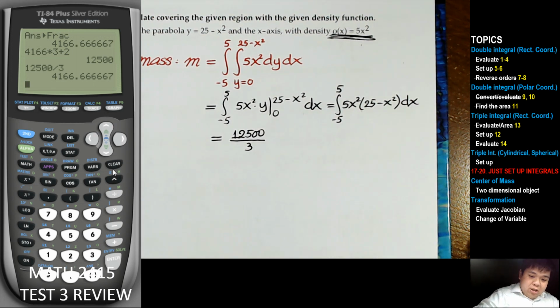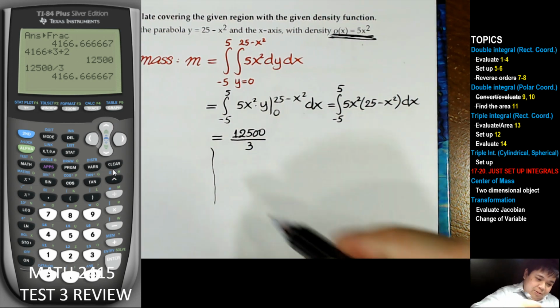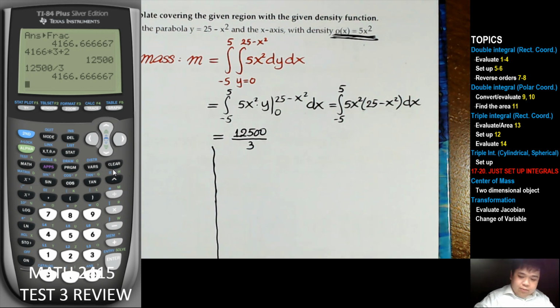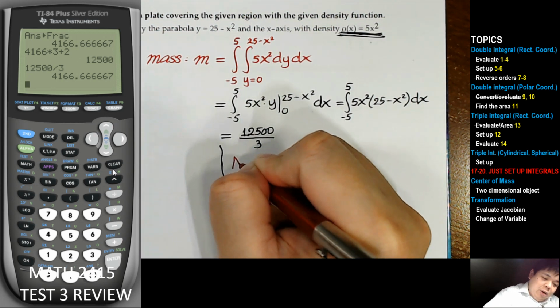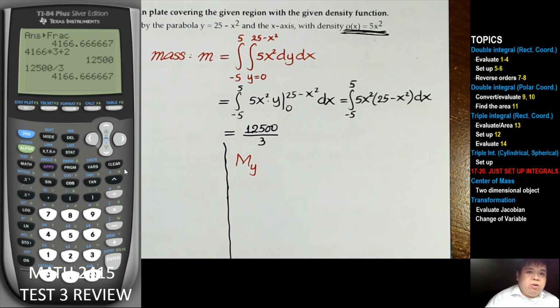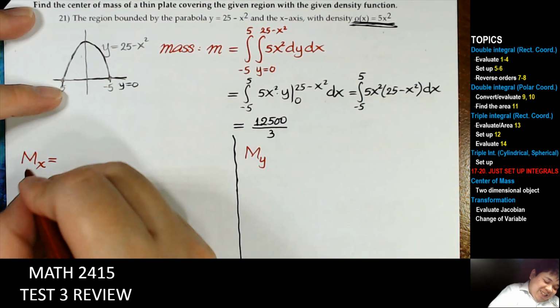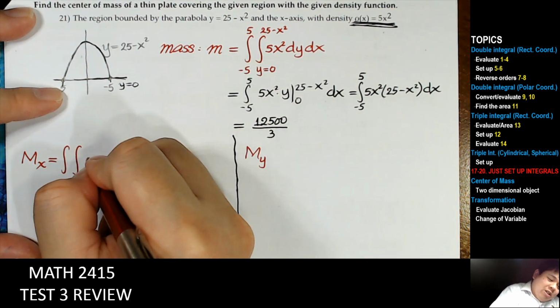Next, the moment in the x direction and in the y direction. So that will be capital Mx and capital My. Let me put the calculator away for a moment. For the moments, the integral is the same.